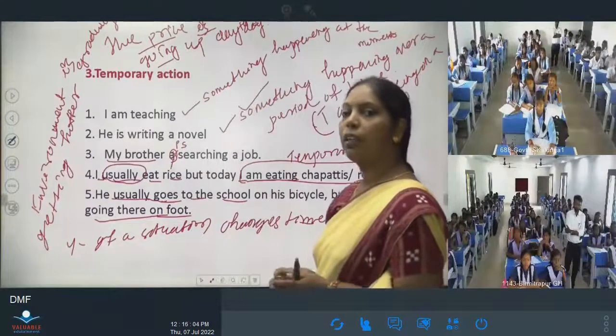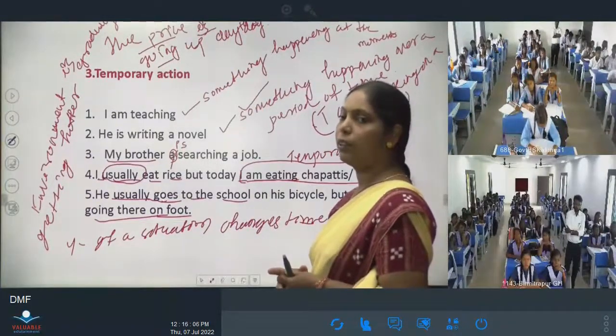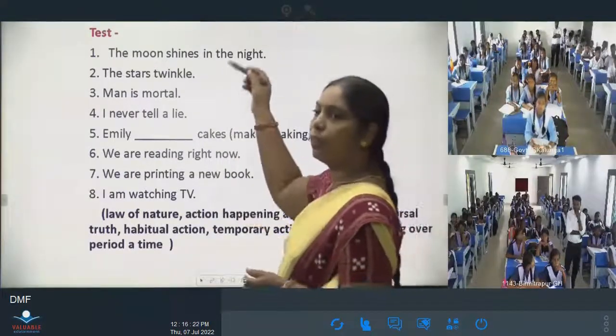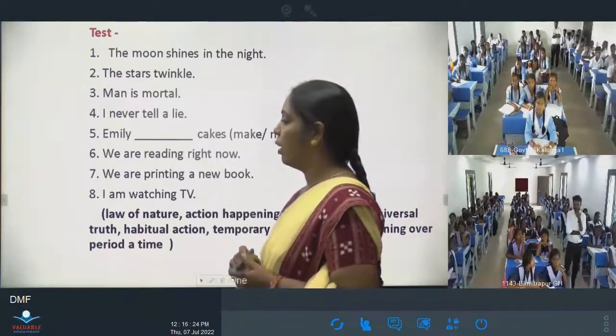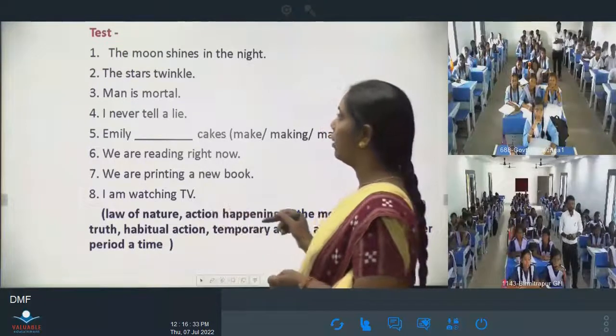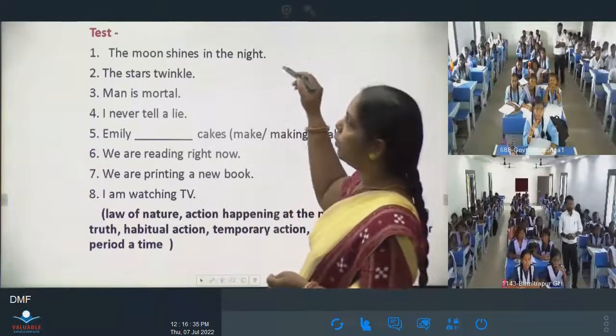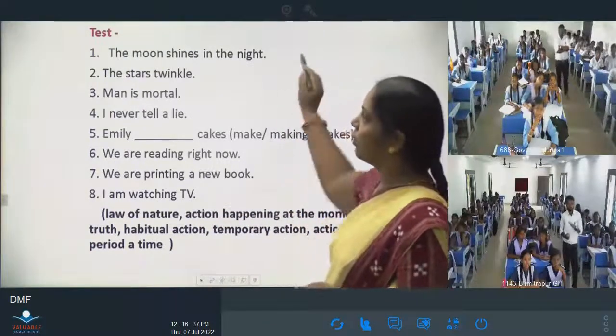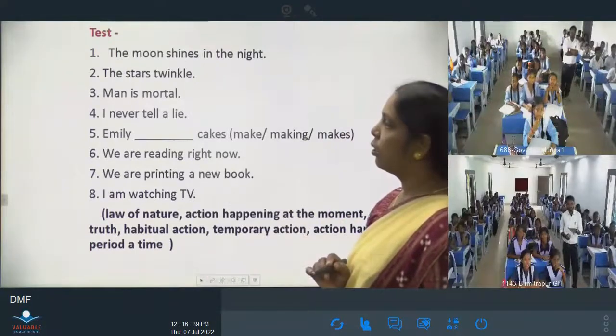So students, now it's time to test ourselves. There are some numbers here, and the answer is given in a bracket. Choose the answer here, and we will write the answer at the side of the sentence.